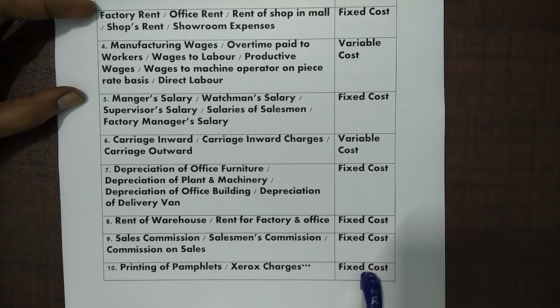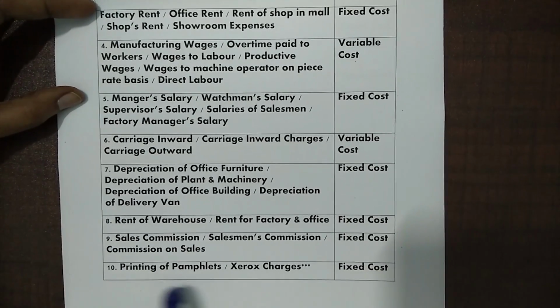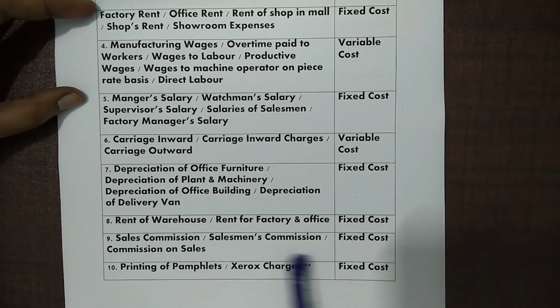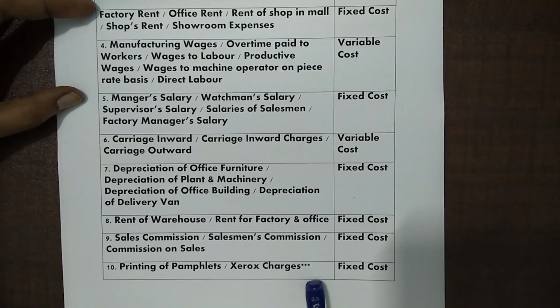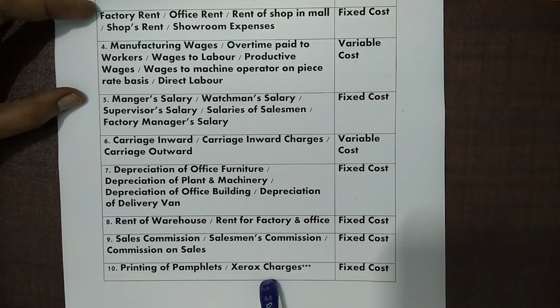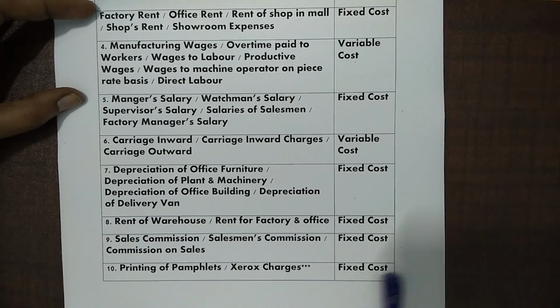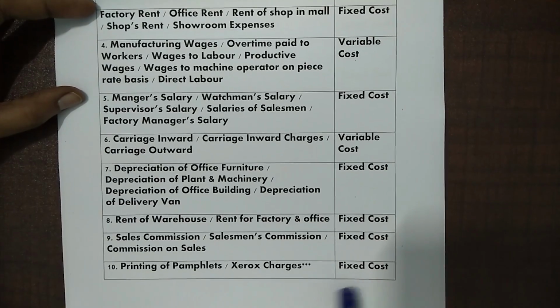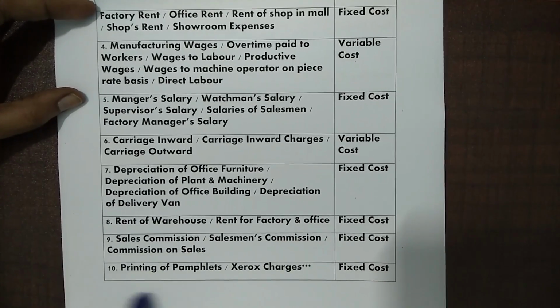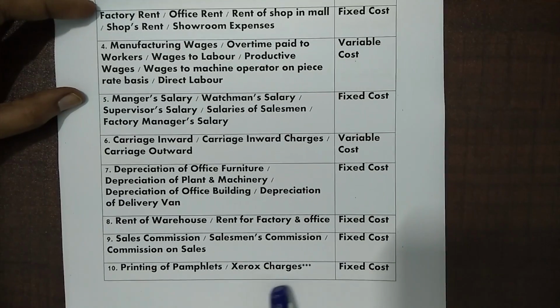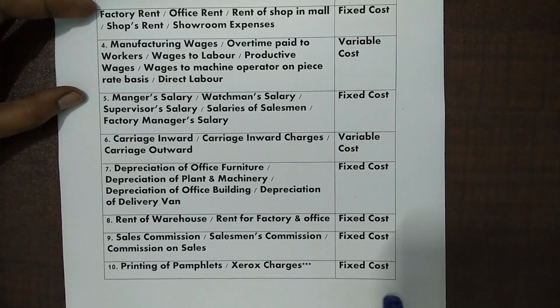In case of the organization, they allocate a fixed budget for such activities of printing or Xerox, etc. So that's why the answer is fixed cost. It is not a variable cost. So you have to remember this. If the question is printing of pamphlets or Xerox charges, the answer will be fixed cost because we are thinking from the organization's point of view.